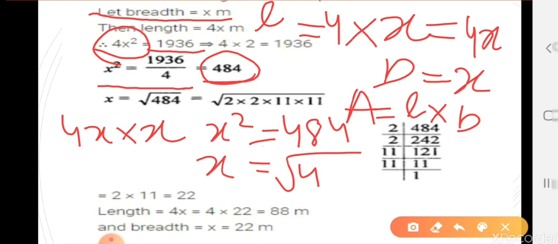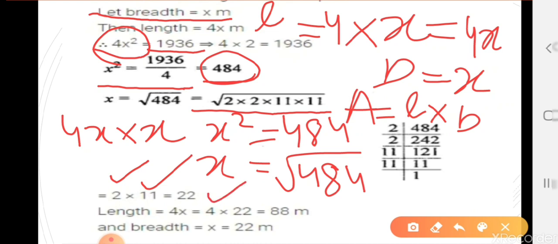So x equals the square root of 484. Now with the help of the prime factorization method, we will take out the square root of 484. It will come 2 into 2 into 11 into 11. Means one pair of 2 and one pair of 11. 2 into 11, 22. Here we have got the value of x.